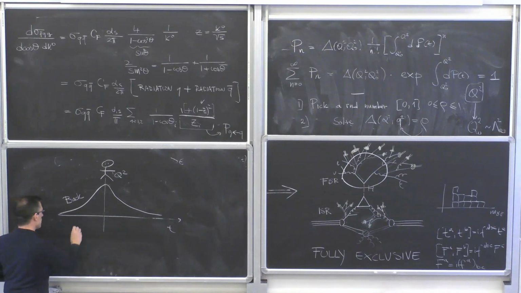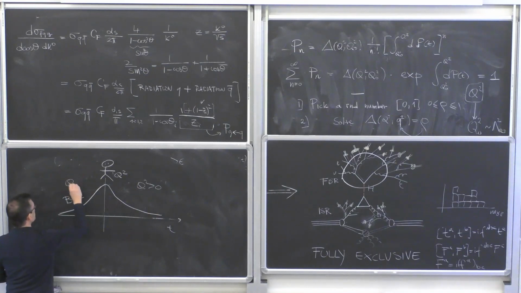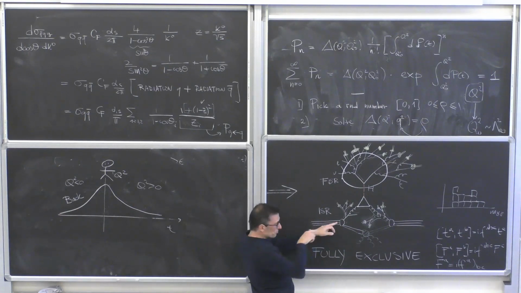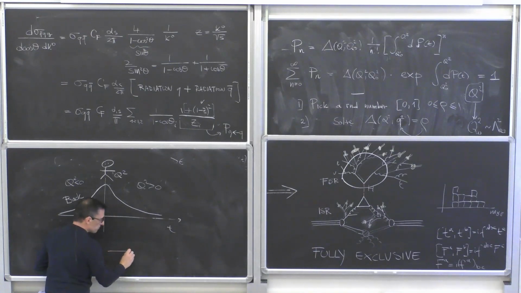Here Q squared is positive, a time-like evolution. Here Q squared is negative, a space-like evolution. The reason is obvious. When you have a quark from the proton, it comes at zero virtuality, then it splits.